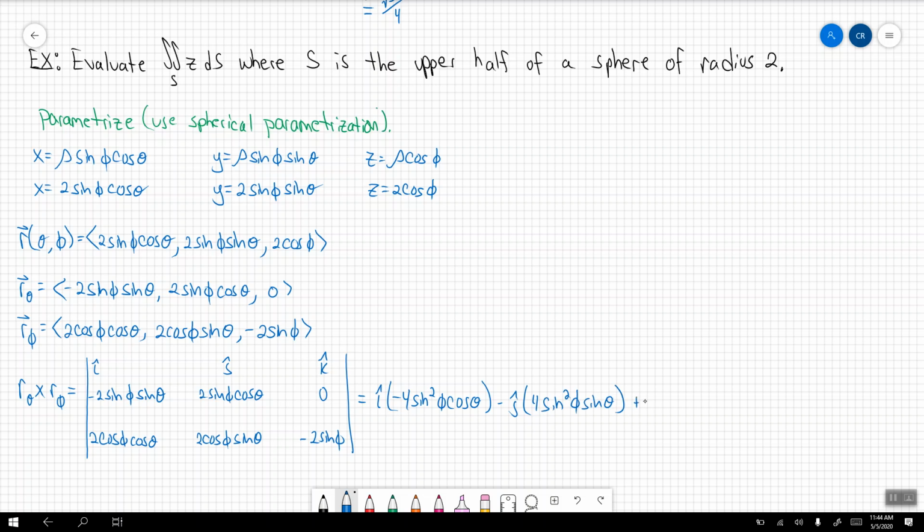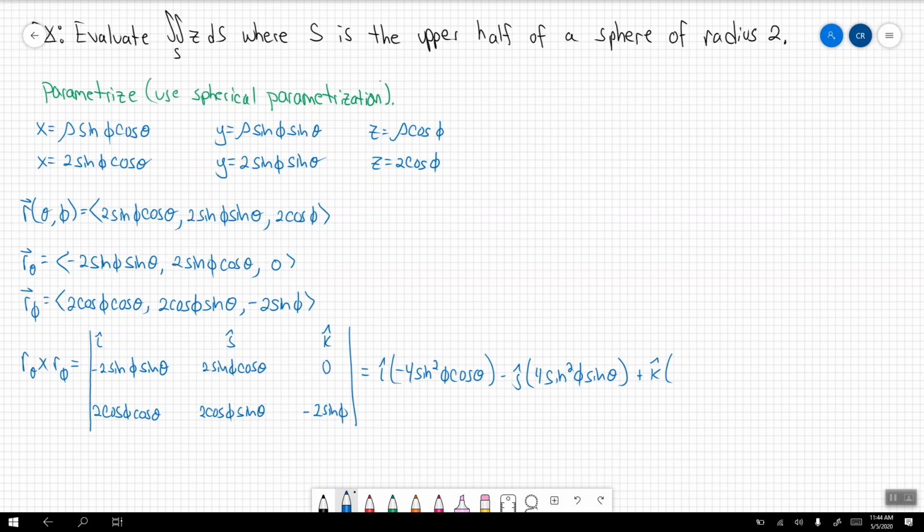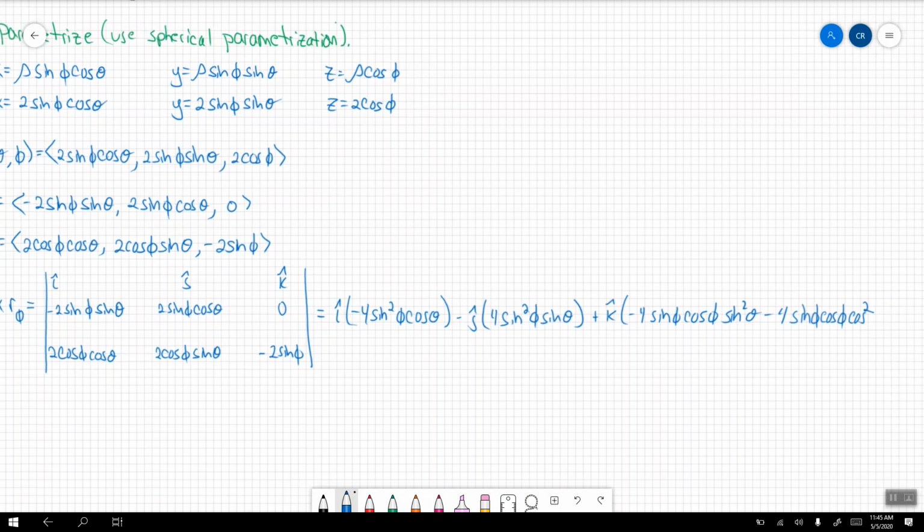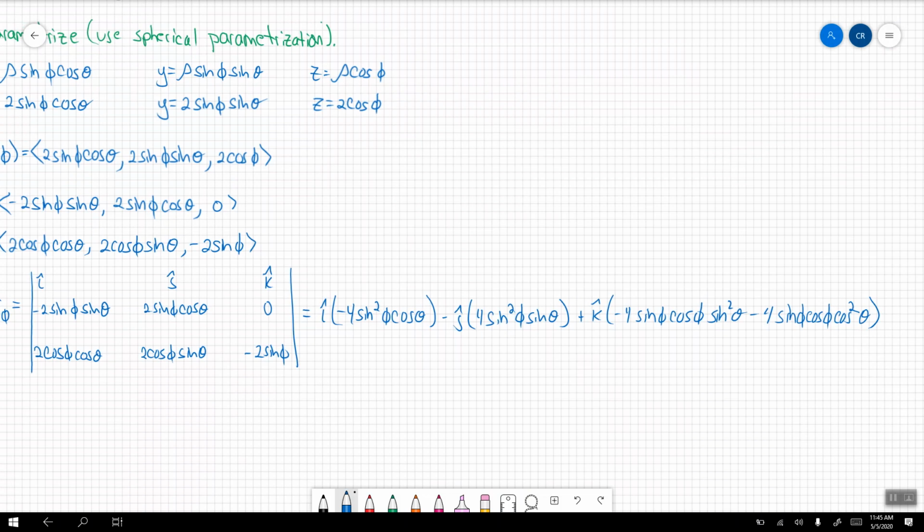And then plus the k coordinate, that's then going to be -4 sine phi cosine phi sine squared theta, minus 4 sine phi cosine phi cosine squared theta.